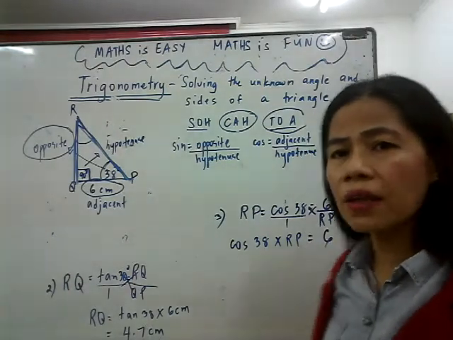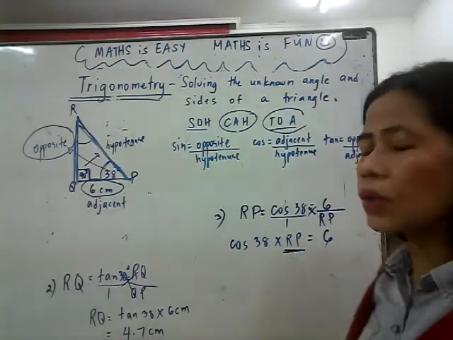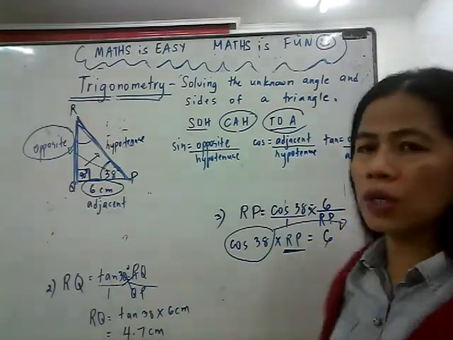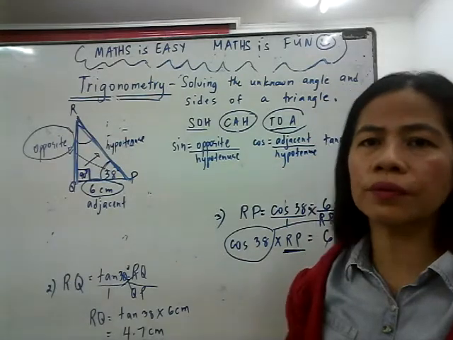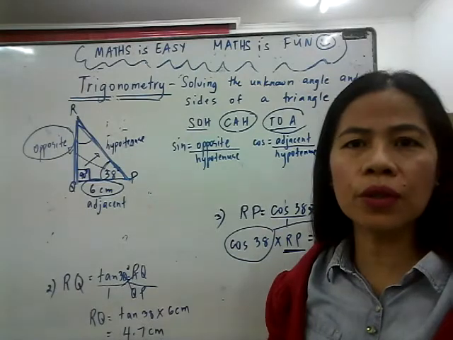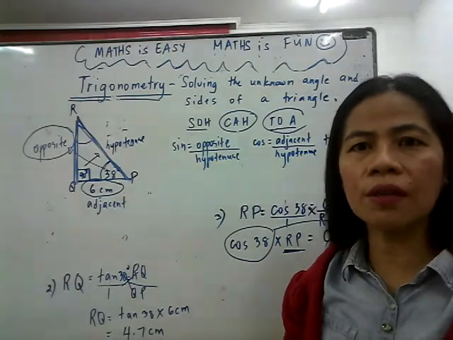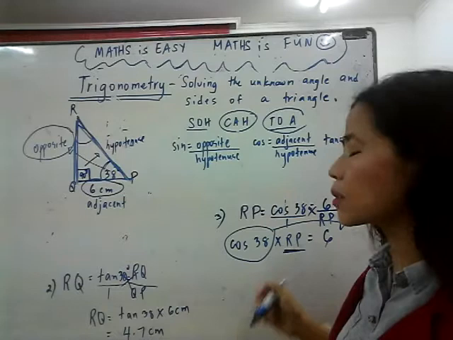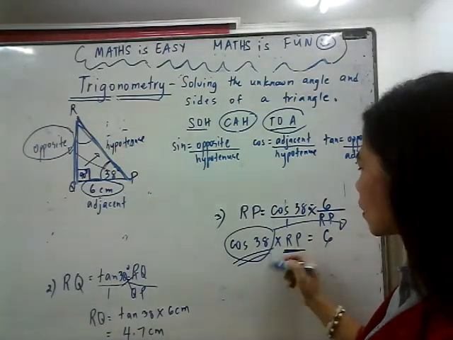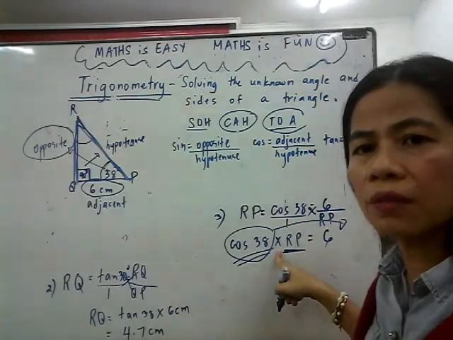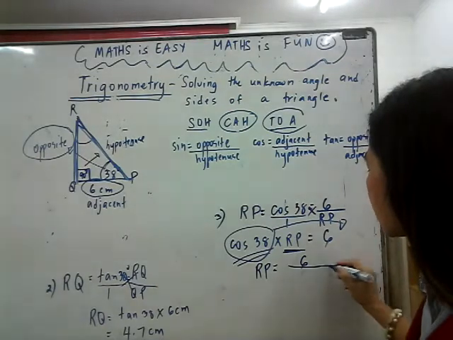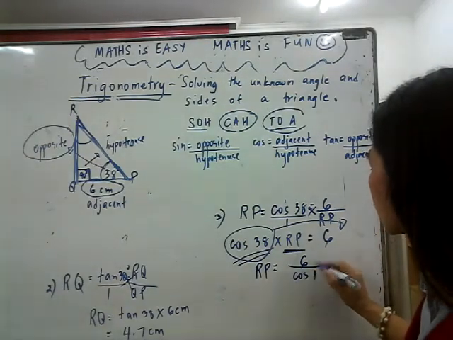Then we leave RP alone. We transfer cos 38 to the other side of the equation. When we move cos 38 to the other side, we do the opposite of times, which is divide. So RP is equal to 6 divided by cos 38.